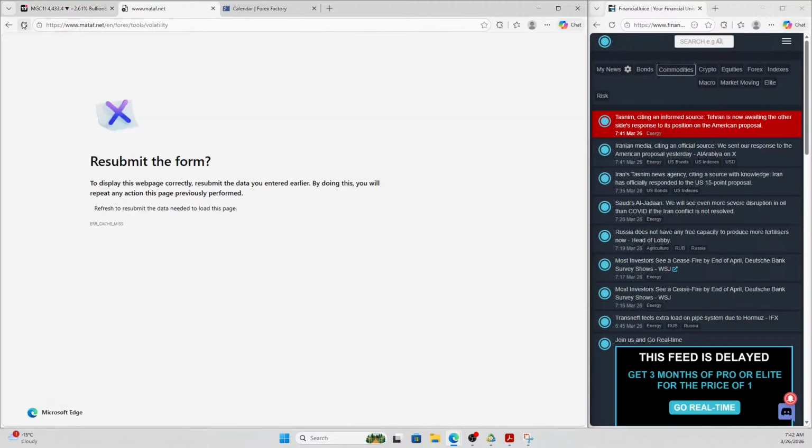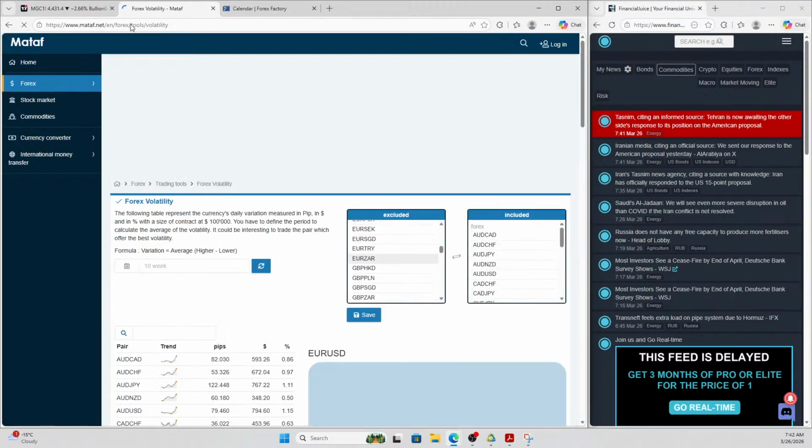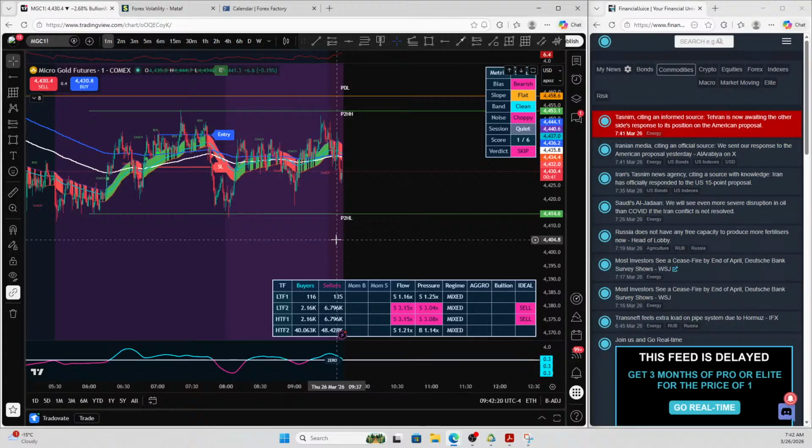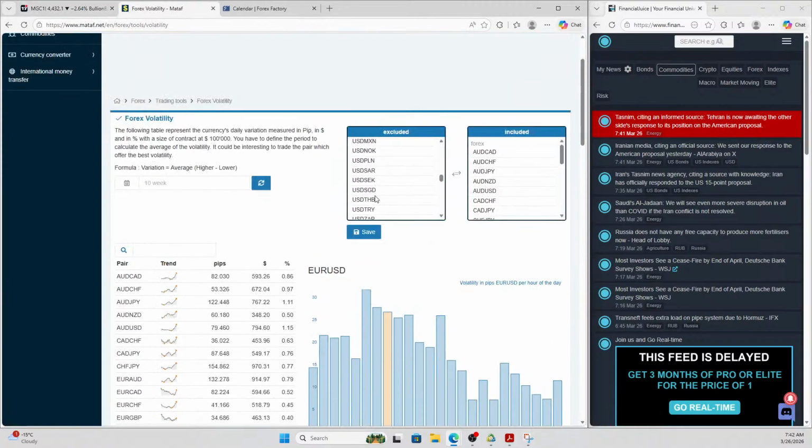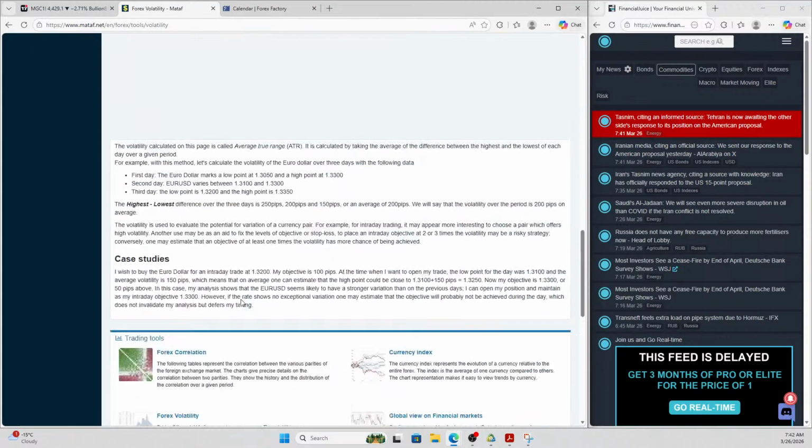Okay, let's quickly look at Mataf and see when gold is starting to behave. When is gold most volatile? Which time of day? So let's quickly go and check.